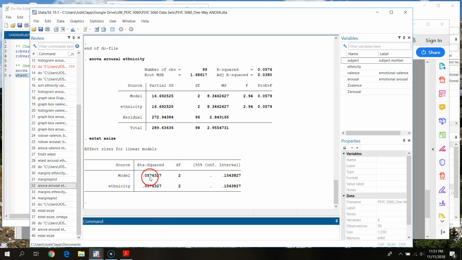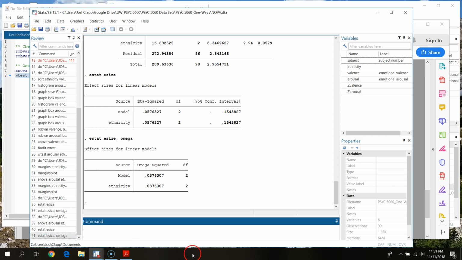It's going to be 5.8% of the variability in ratings being attributable to ethnicity, or racial ethnic groups, at least based on these data. If I do the same thing and say omega, this gives me my omega squared.